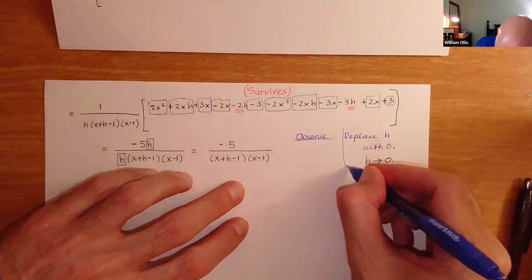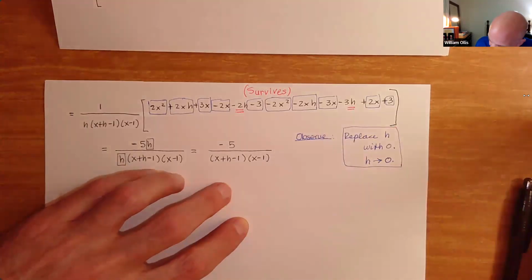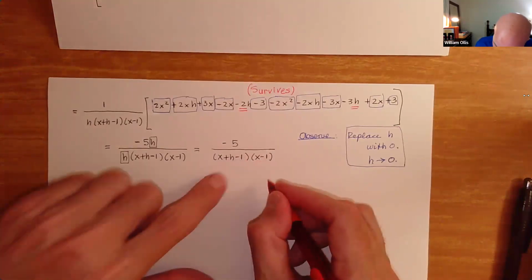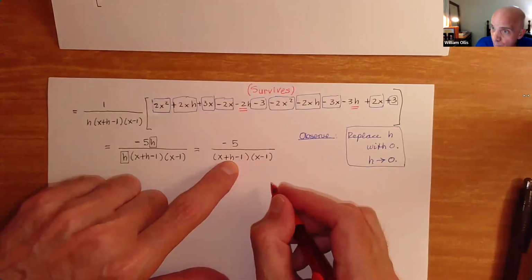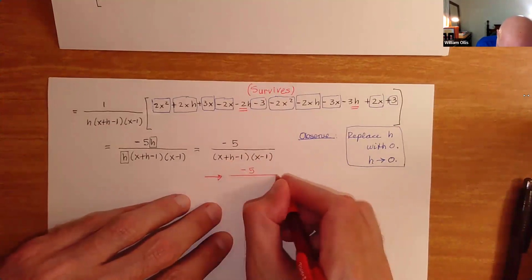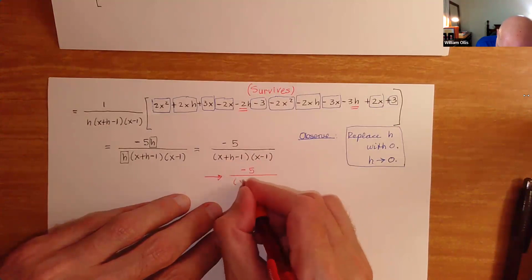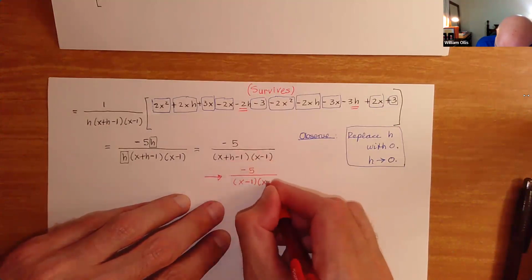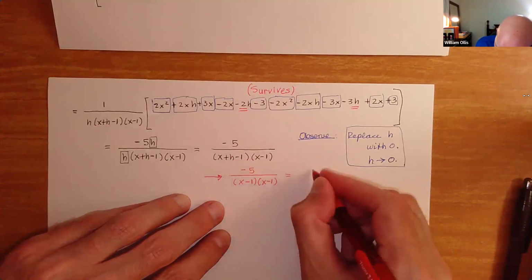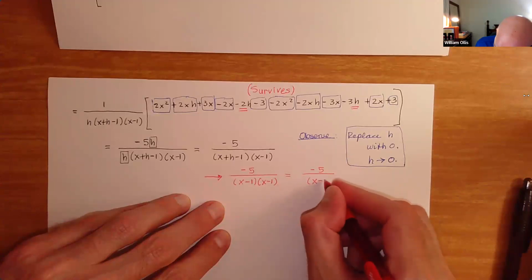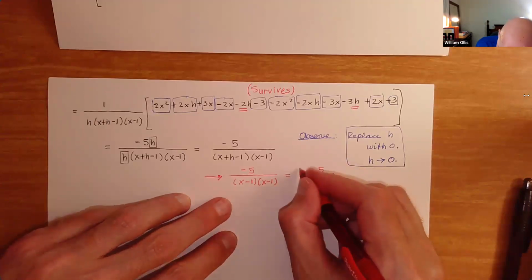And you can see with this particular form, the h approaching 0, let's replace it with 0. So we get negative 5, and h is 0, x minus 1 times x minus 1. And that gives us negative 5 divided by x minus 1 quantity squared.